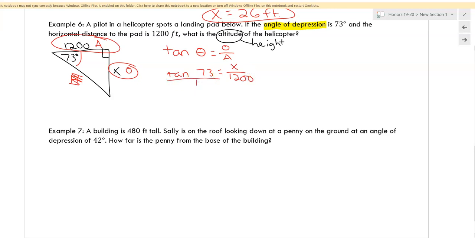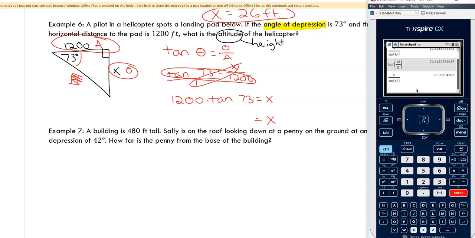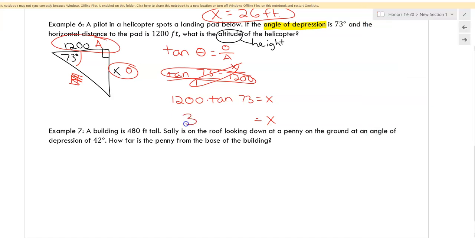I'm solving for a side, so I'm putting it over 1 and cross multiplying. So 1,200 times the tangent of 73 equals x. X is already by itself, so I can just type this in my calculator. And I get 3,925.